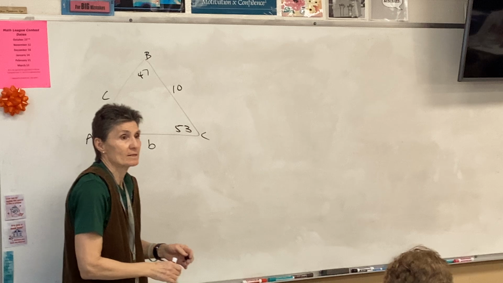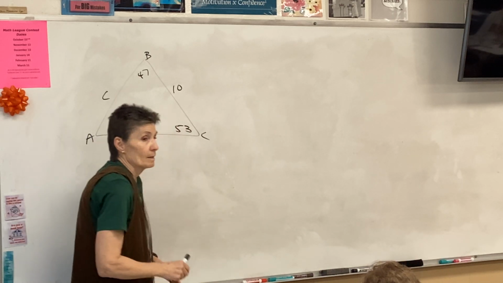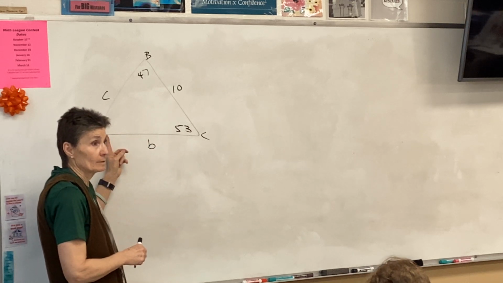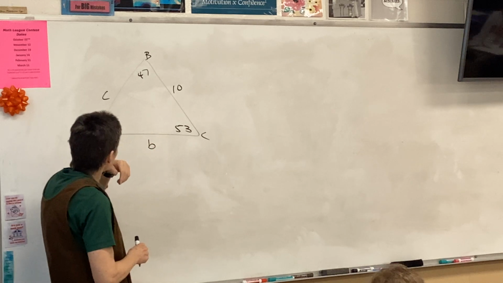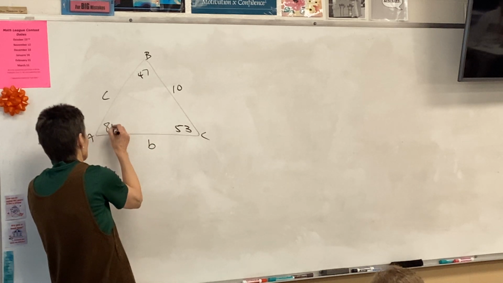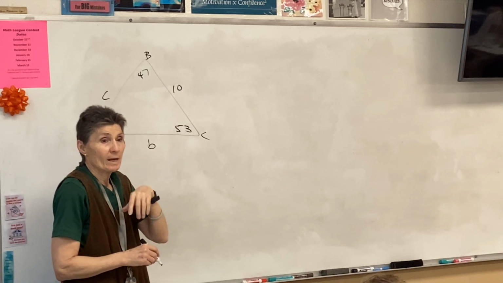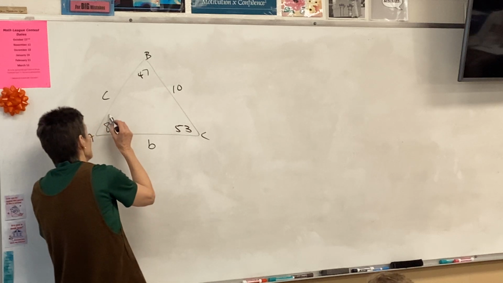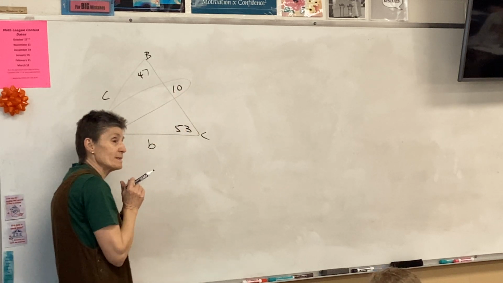Easy, easy points. What do you notice? We can definitely find angle A. So let's see, would angle A be 80? You're gonna have to help me out because I gave my calculator away, is that right? Yeah. Okay, now, the minute you wrote that 80 down, do you notice this right here?